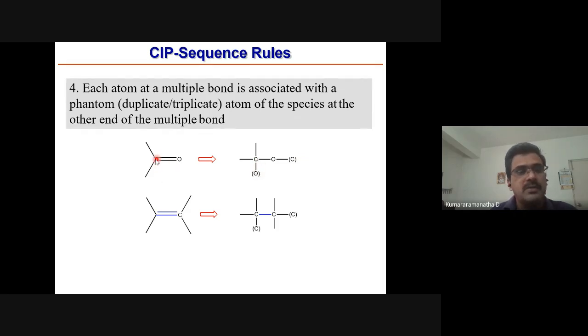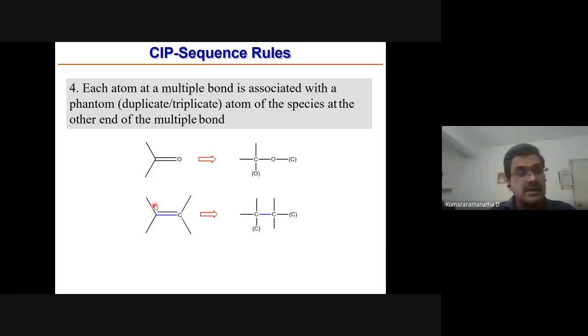The C double bond O means C is bonded to oxygen twice. So you have written it like that. Do not worry about the single bond and the double bond, in the sense of sigma bond and pi bond. You are supposed to write it compared to carbon which is bonded to only carbon. So if you have a double bond, you do it 2 times. If you have a triple bond, you write it 3 times.